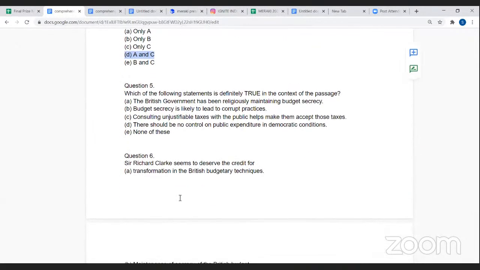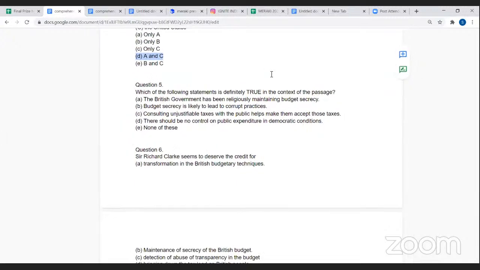Question 5. Which of the following statements is definitely true in the context of the passage? Option B, or A. How A?